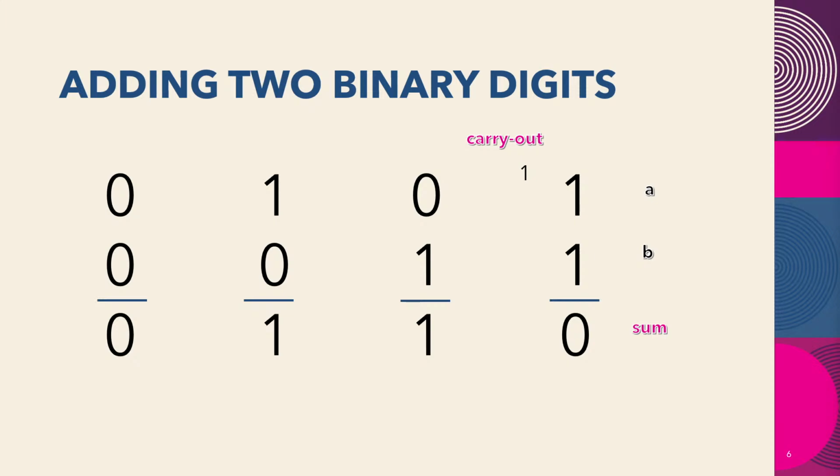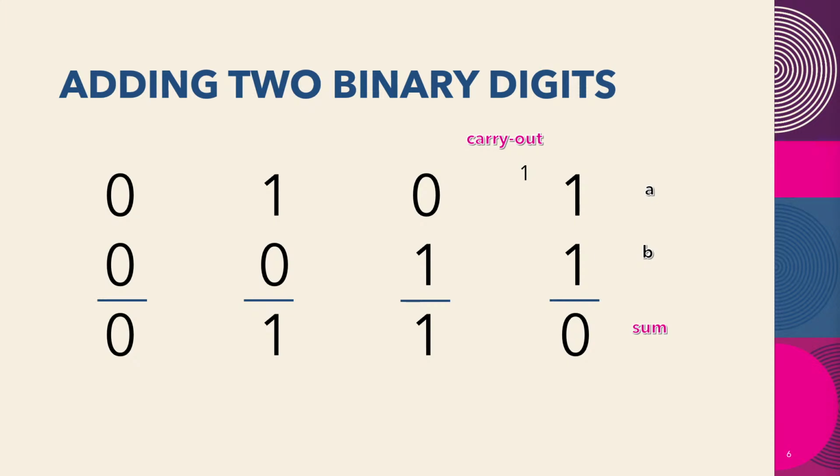This shows you all of the inputs and the outputs for this operation. The inputs for this operation are the 2 bits above the line, A and B. One input is on this line, and the other input is on this line. And the output is the sum, which is on this line, and whatever carryout comes in.